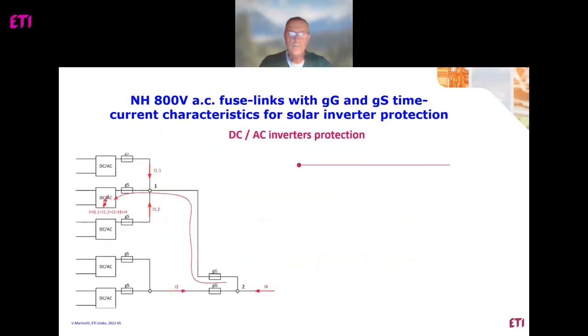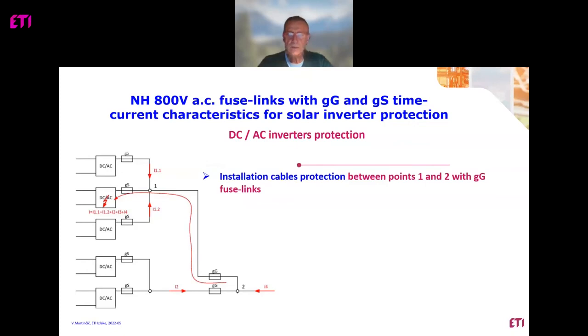This is a usual diagram of solar inverters which need to be protected. The output of solar inverters needs to be protected with fuses, and also the complete line should be protected with fuses, but the selection of those fuses is important.